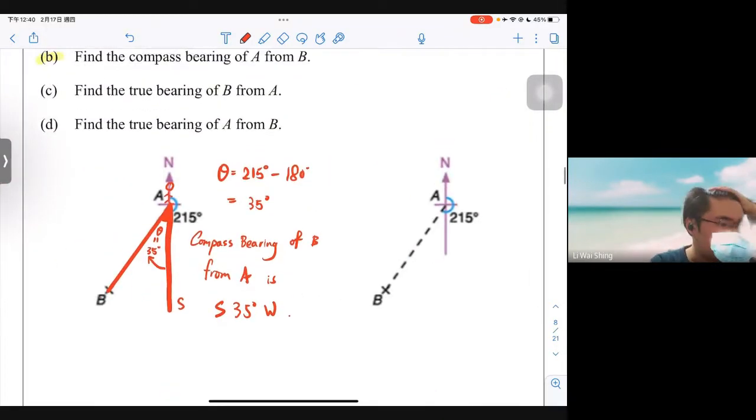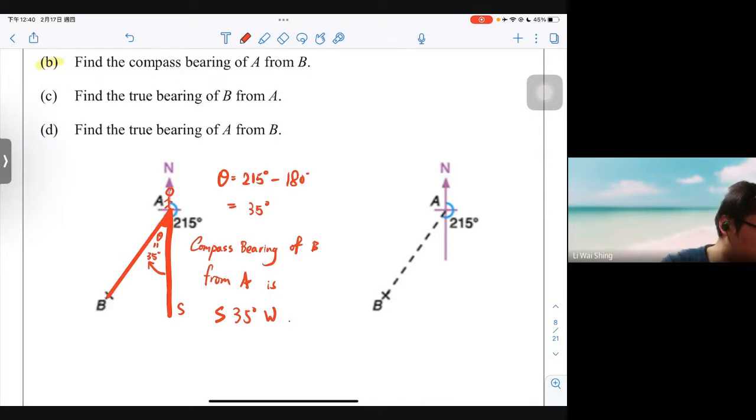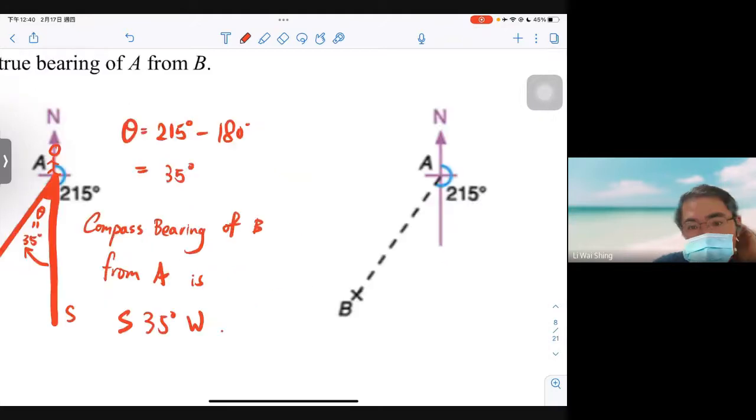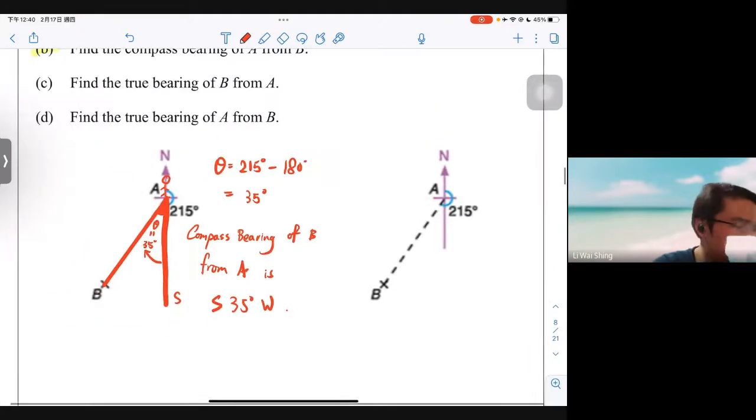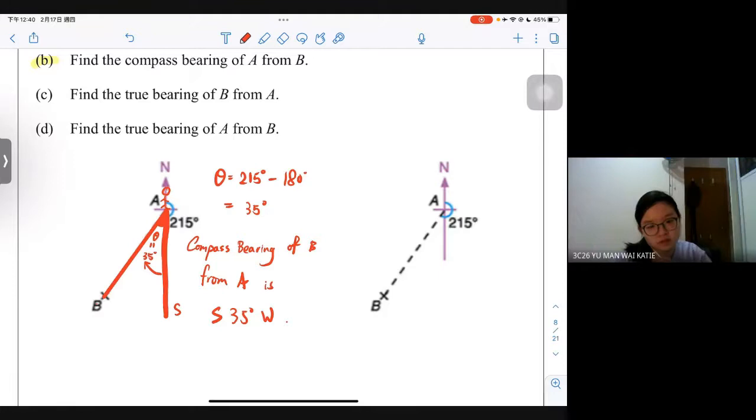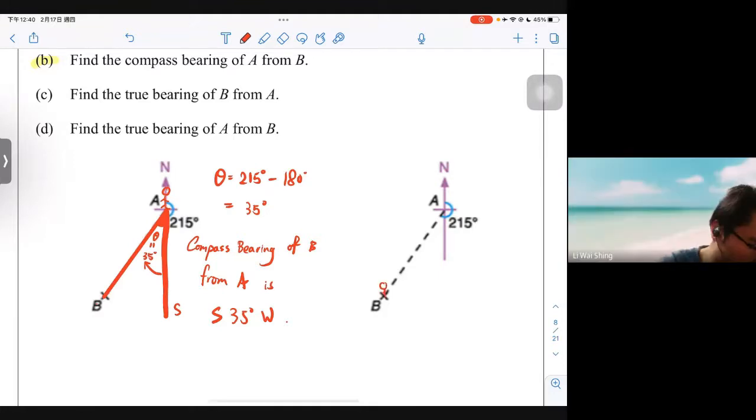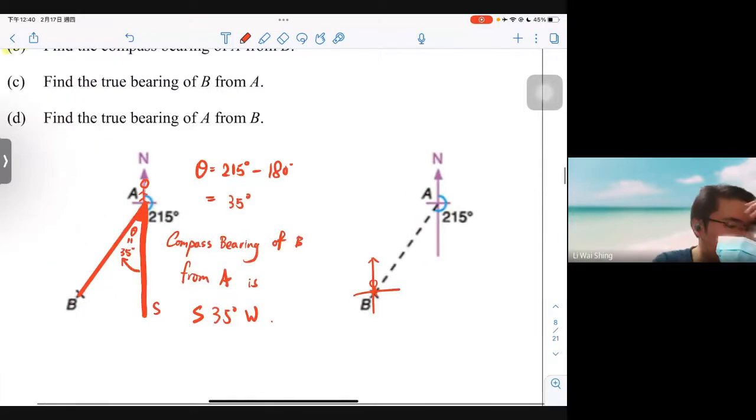Next. This time we want to find the compass bearing of A from B. So let me ask Katie. You're standing at A or B this time? Standing at B. Okay, so can you tell me what's the angle? What's the bearing?